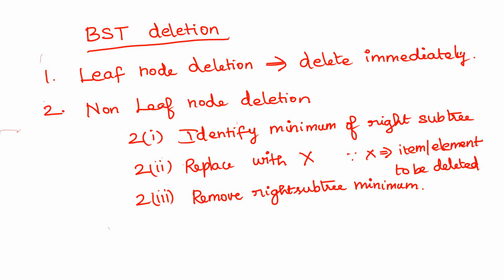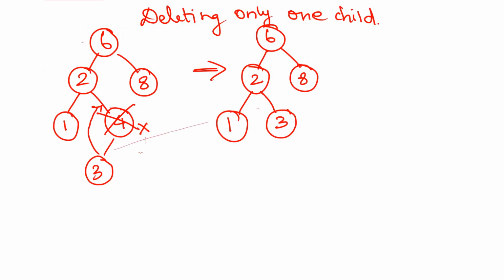So suppose if we have chosen 2, which are all the right subtree elements? Among the right subtree elements, I need to identify the minimum value, replace that minimum value in place of x, and detach, that is remove, the minimum value from the tree. So this is our BST deletion, and we have provided the example.